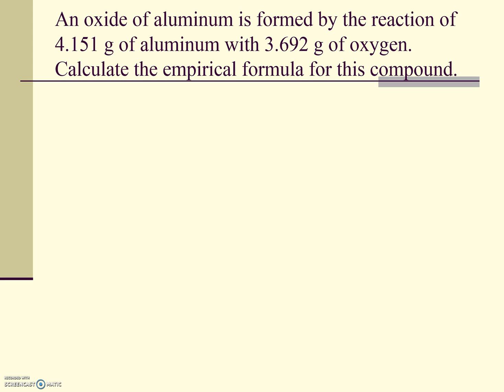So our first thing told us to obtain the mass of each element present, and we have that. So we have 4.151 grams of aluminum, and we have 3.692 grams of oxygen. Step 2 says, determine the number of moles of each type of atom. So, grams to moles, I want to get rid of grams. Grams goes on the bottom, moles goes on the top, and same here, grams goes on the bottom, moles goes on the top.